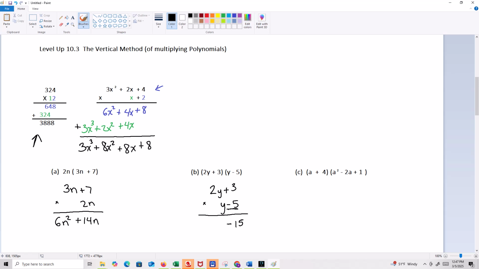Negative 5 times a 2y is going to be negative 10y. Y times, looking at the second term now, y times a positive 3 is going to be 3y, and it is positive. And then y times 2y is going to be 2y squared.